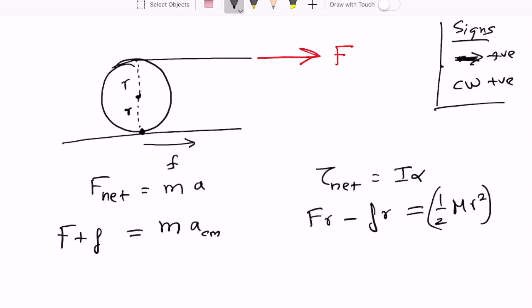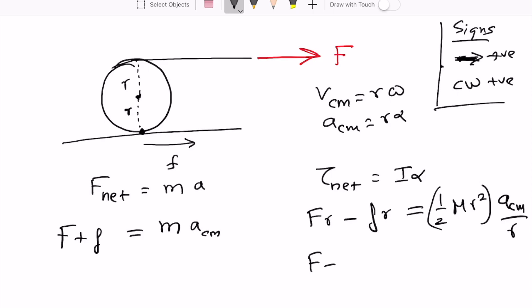So we saw in the last slide that when an object is rolling without slipping, you have the equation VCM is equal to R omega. And if you take a derivative of that equation, ACM is equal to R alpha is what you get, right? So I can get rid of alpha from this equation. I can write it as ACM divided by R. And so let's clean up this equation and see what we get.